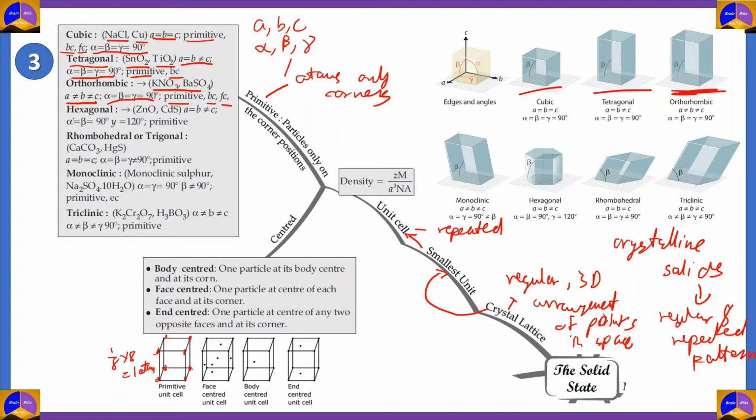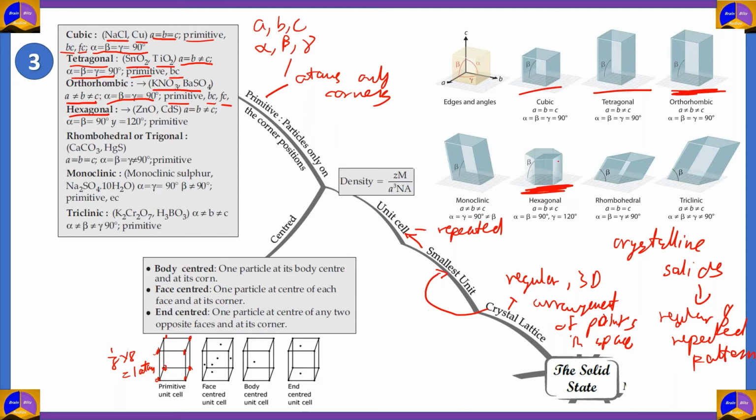Next, we have hexagonal unit cells. This is a hexagonal unit cell. As you can see, it's in the shape of a hexagon. The reason for this is that a is equal to b, but not equal to c. The hexagon is a regular hexagon, however the depth is not equal. So a is equal to b, which is not equal to c.